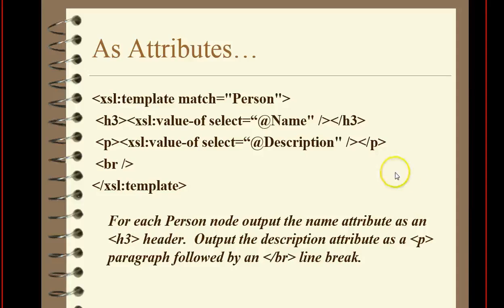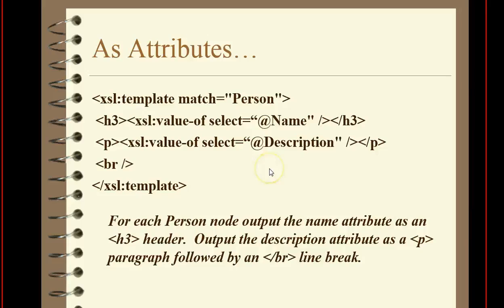Now, this is important. Remember I said at the beginning that we could have a complete element or attribute representation, and semantically those are the same. Here's how you can use the XSLT to change the transformation. So what happens now is if I had the data in the attribute form, this @name reads it as an attribute called name, and this @description reads that as an attribute called description.